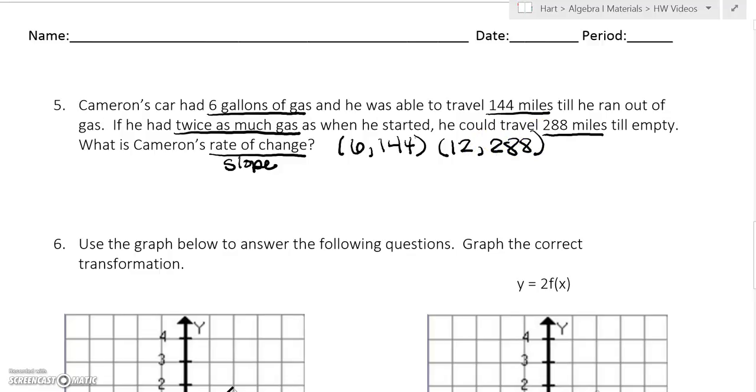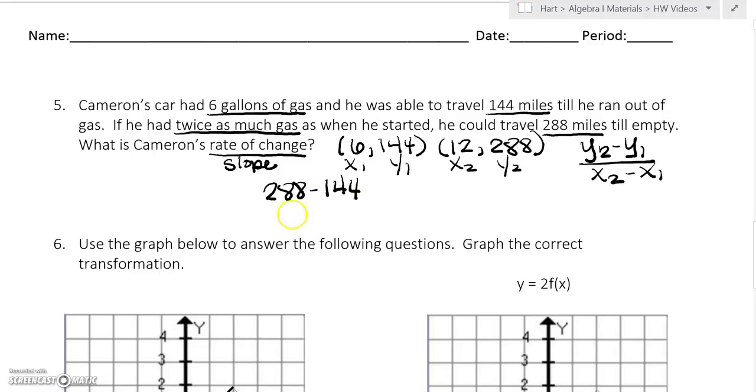So then we can use the slope formula. So x1, y1, x2, y2. So we'd start with y2, which is 288, minus y1, which is 144, over x2, which is 12, minus x1, which is 6.